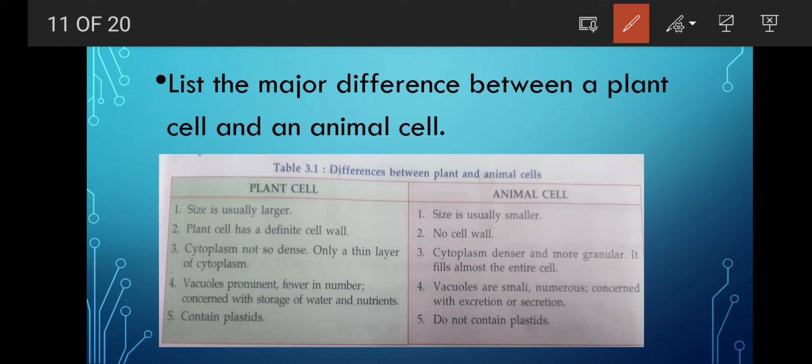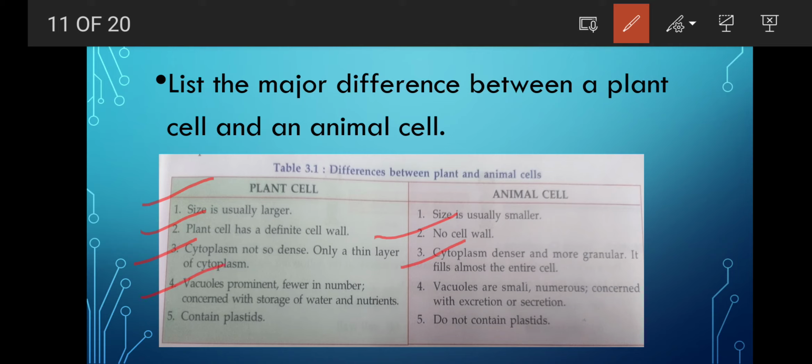Now next is, list the major differences between a plant cell and an animal cell. So the first difference is, the plant cell size is usually larger and the animal cell size is usually smaller. Plant cell has a definite cell wall, animal cell has no cell wall. In the plant cell, the cytoplasm is not so dense, only a thin layer of cytoplasm, and in the animal cell, the cytoplasm is denser and more granular, it fills almost the entire cell.